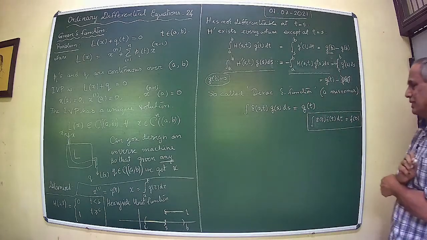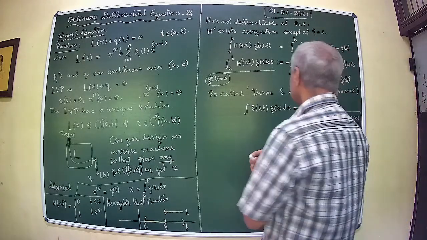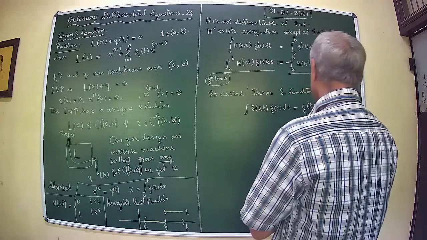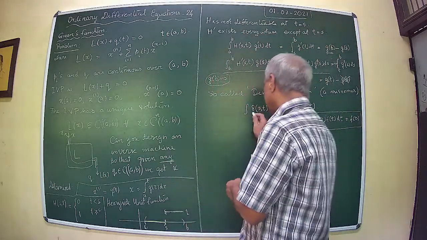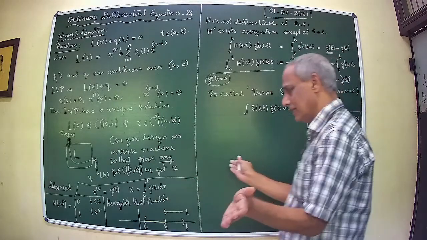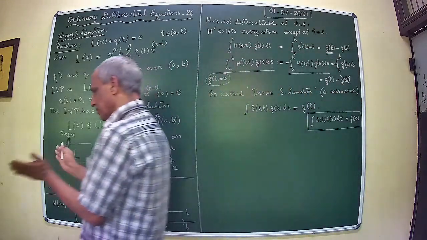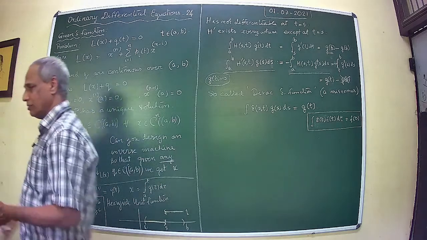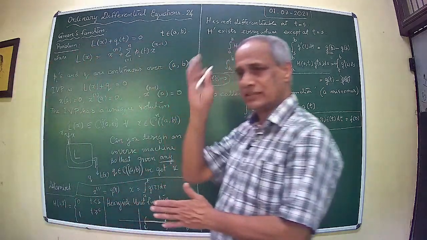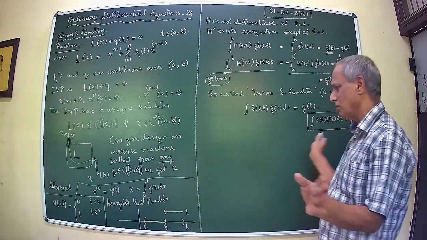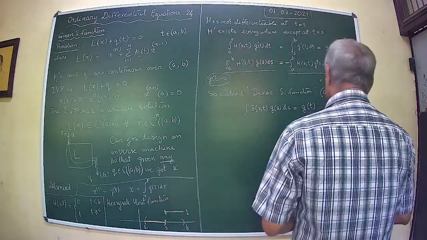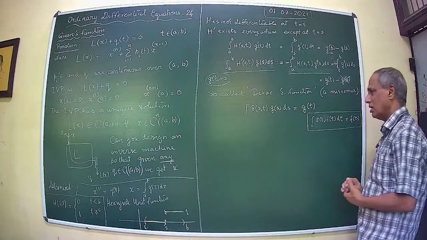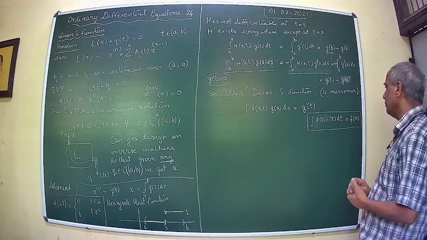As you can see, according to the physicists, the function is identically 0 everywhere except at the point t equal to s, where the function takes the value infinity, etc., etc. All that nonsense was talked about, which mathematicians did not accept, and it's all a part of the history now.